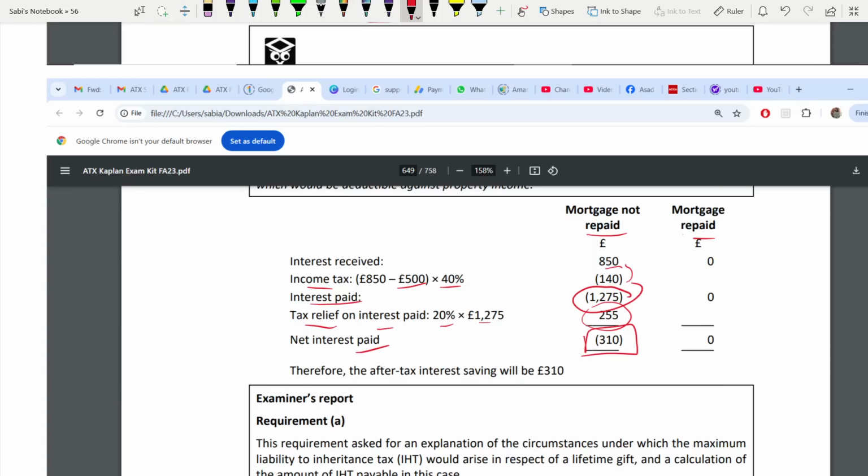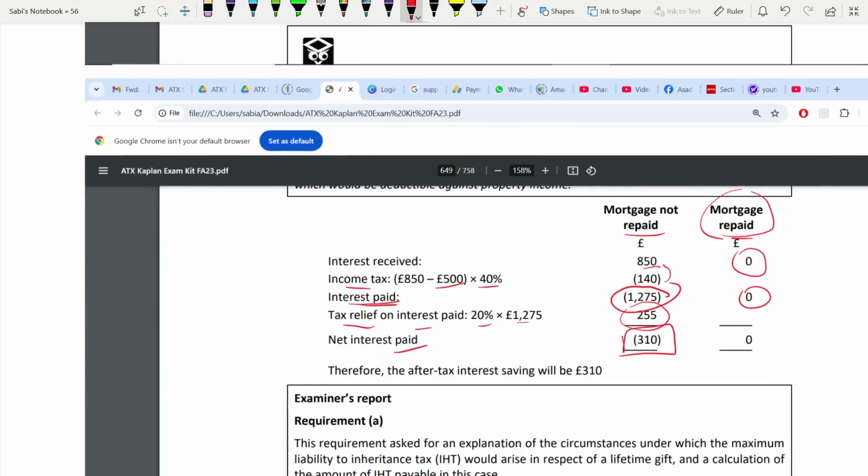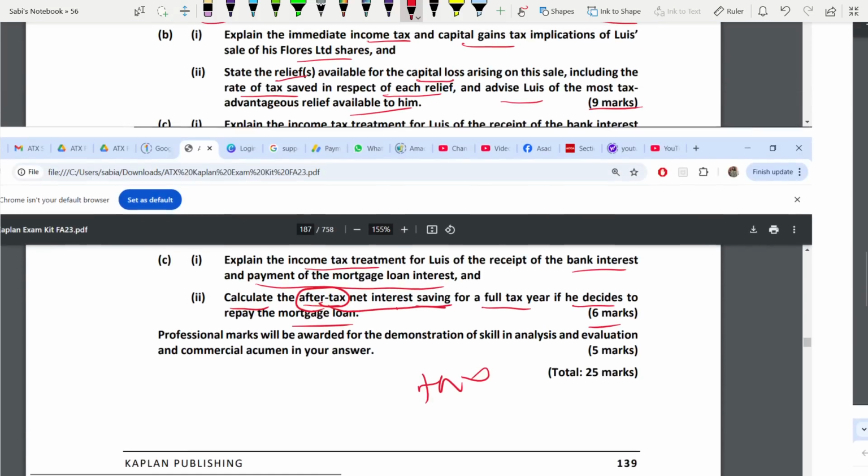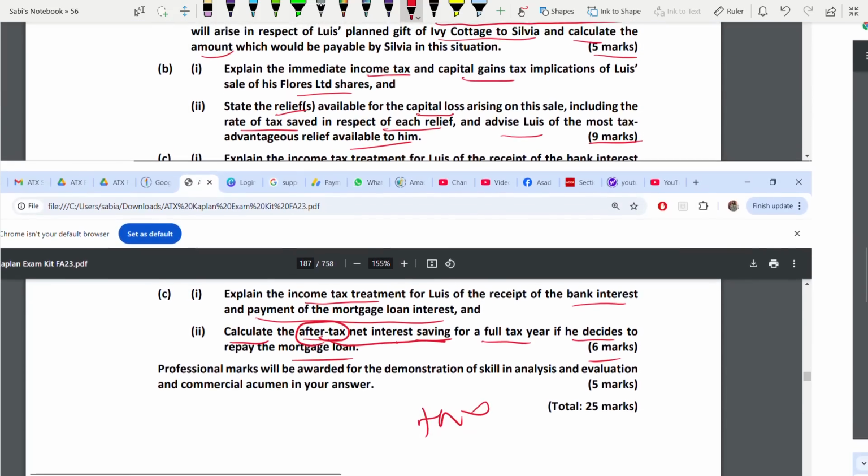But when you are repaying your mortgage, you don't have to pay any interest. That's why it is 0. Now if you're receiving any interest, it is zero because you don't have any loan. When we are repaying the mortgage, there is no interest relief.